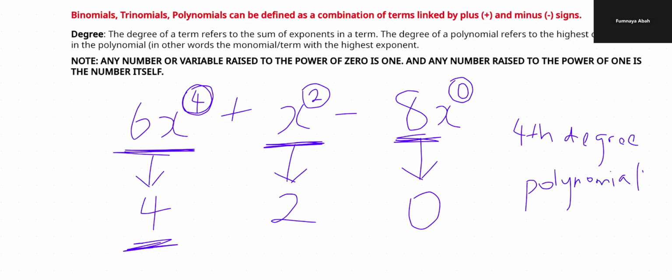Also, the term 6x raised to the power of 4 is the term with the highest exponent. So that's the reason that it's called a fourth degree polynomial.